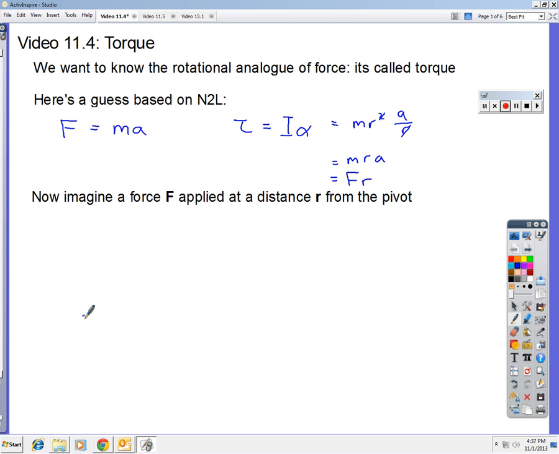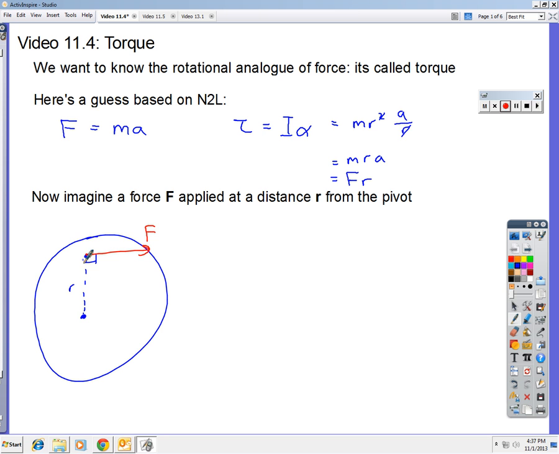So let's say that we have a pivot point, and we have some particle that can rotate freely around that, and we apply a force, F, at a distance r from the pivot.